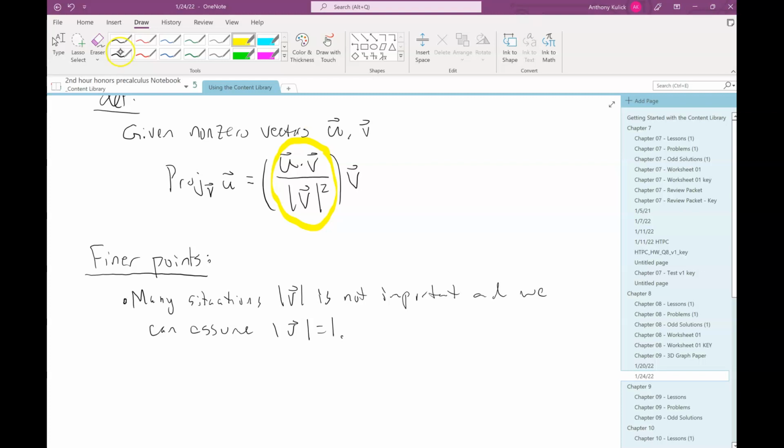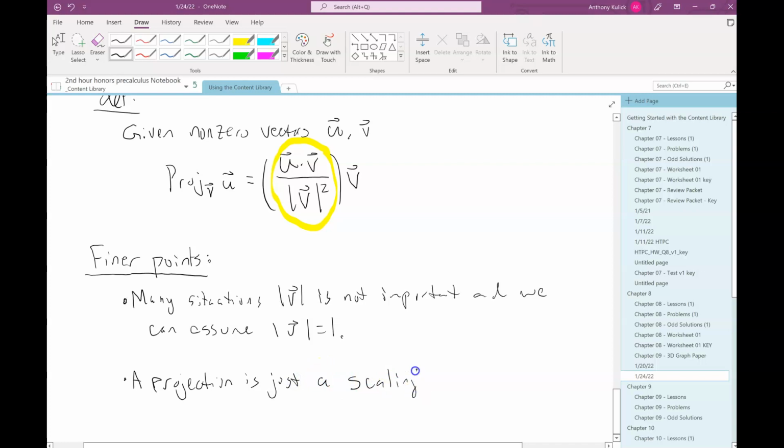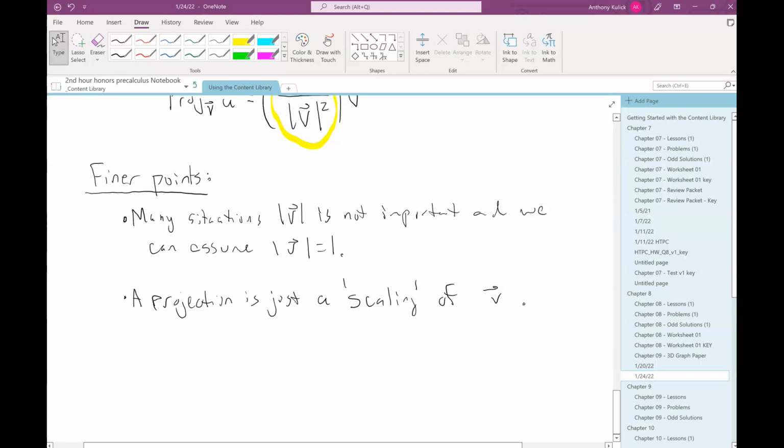It's basically scaling U to fit it on top of V. That's essentially all we're doing here. So we're basically just scaling this vector V.